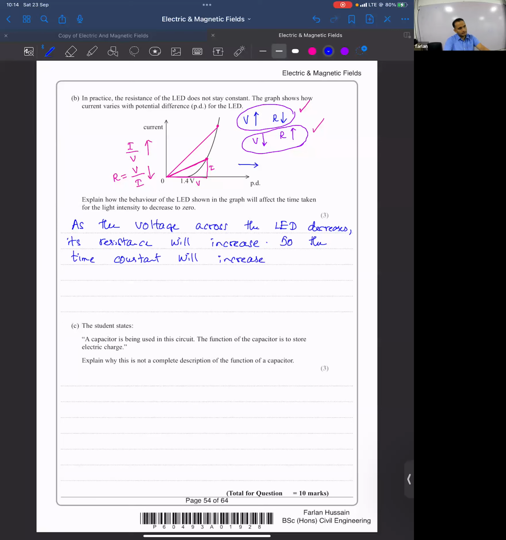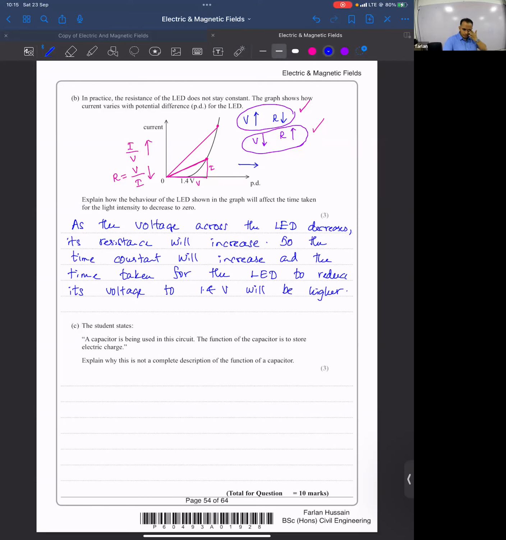So the time constant will increase. And the time taken for the LED to reduce its voltage to 1.4 volts will be higher. Okay. Is that okay? Right.